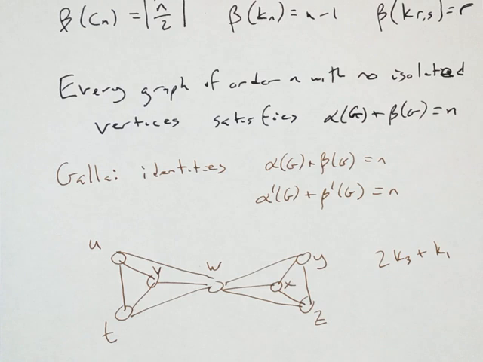Starting with vertices, W is adjacent to everything, right? So if I include W in a set, I'm done. That's already covering all the other vertices. In a vertex independent set, I'm done. That vertex shares an edge with everything else. Can't use it in an independent set. But I can cover a whole bunch of edges with it. So it should go in one and not in the other. Now I know which one it should go in.